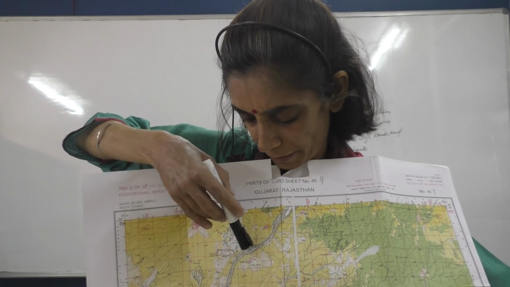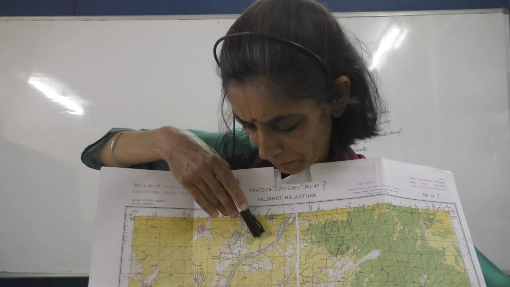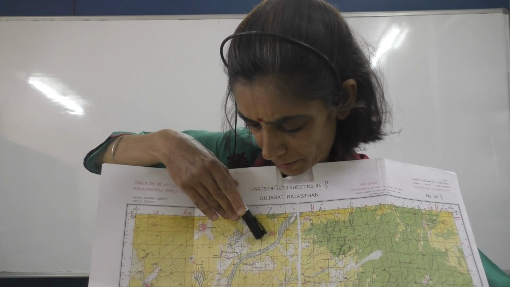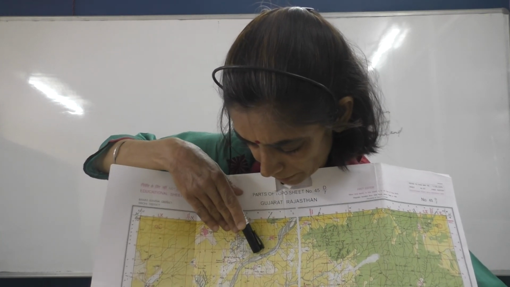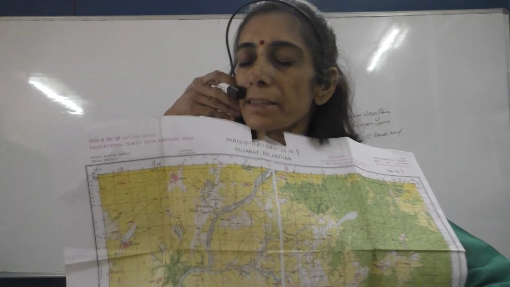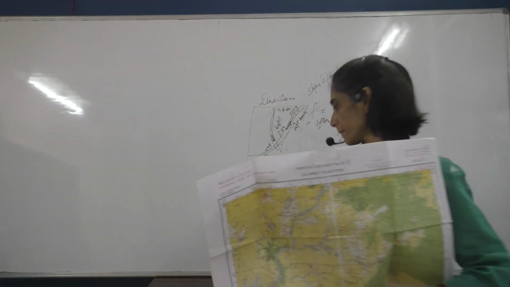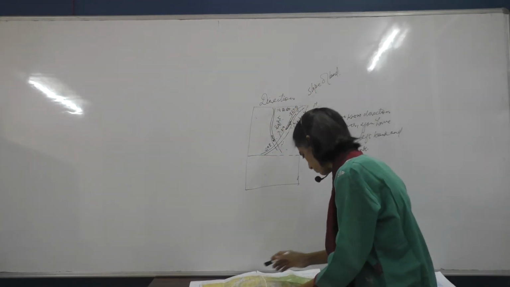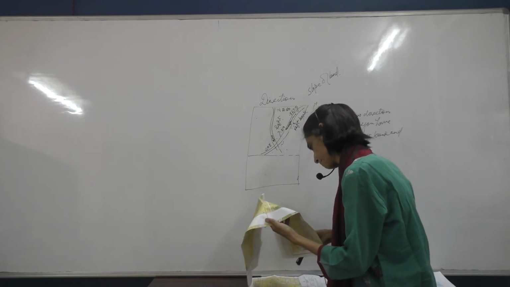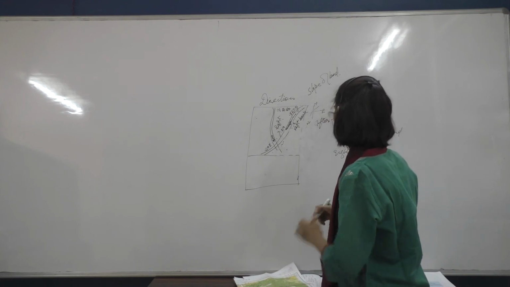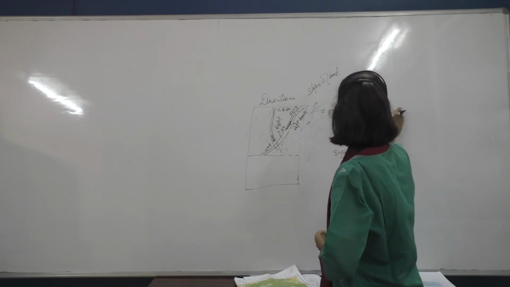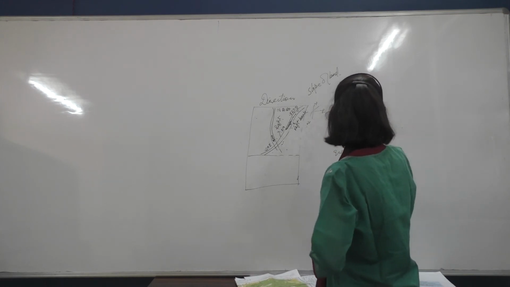I said there will be an arrow mark. So here on the Sipu river, there is an arrow marked here which shows that the river is flowing towards this side.